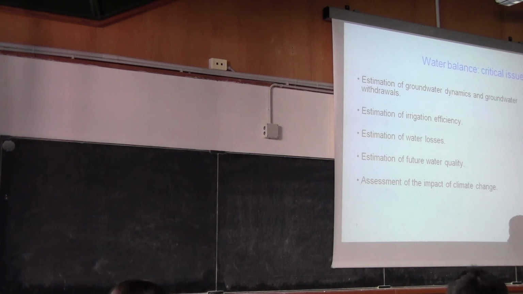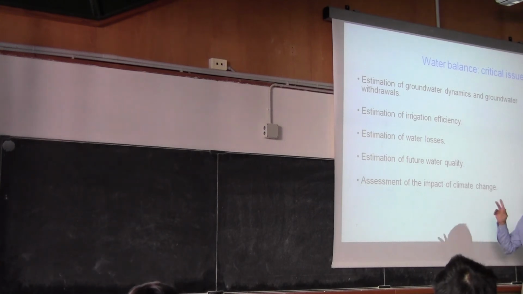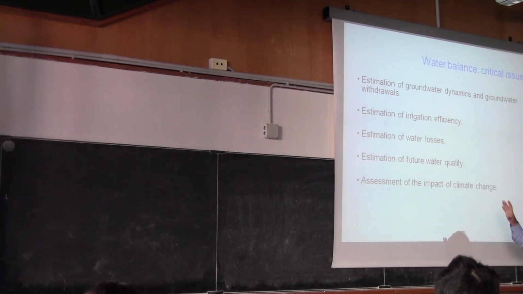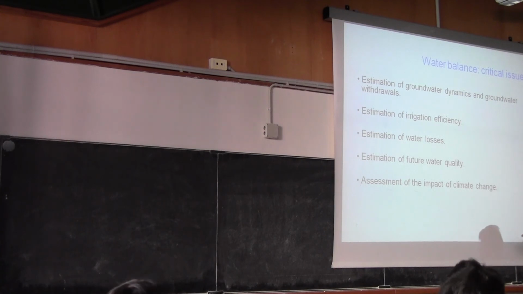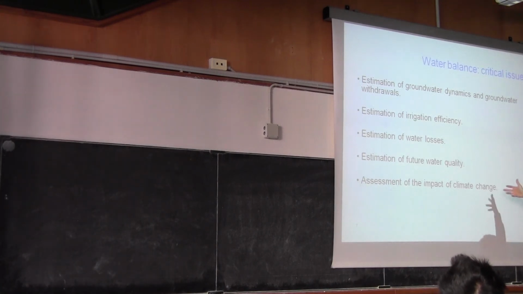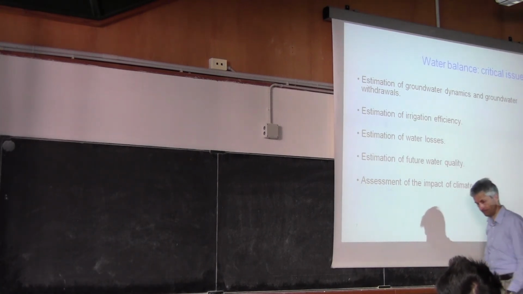Or because, if you think about flood irrigation, I already mentioned flood irrigation to you, you need to secure to the soil more water with respect to what the plant strictly needs. Estimation of water losses, I already mentioned this. Estimation of the future: what happens in the future, climate change, or water quality.